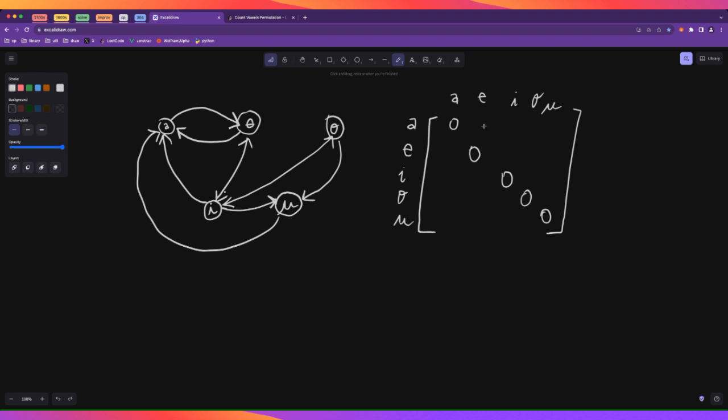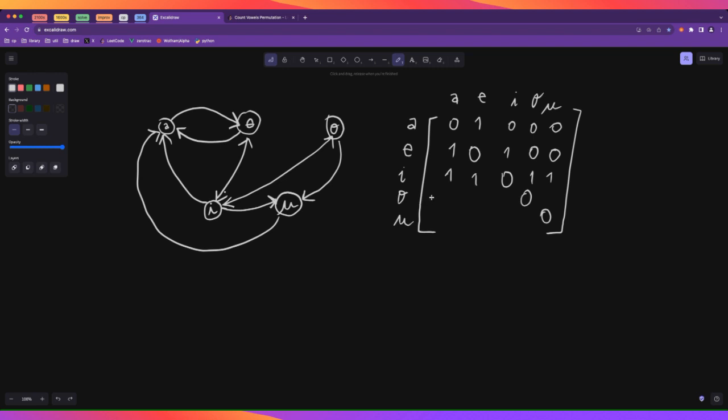A can only go to E, so this is the edge that goes from A to E, and there's no other. Then E can go to A or I, so this is the corresponding row. I can go to anyone.